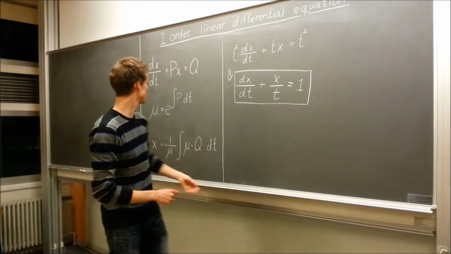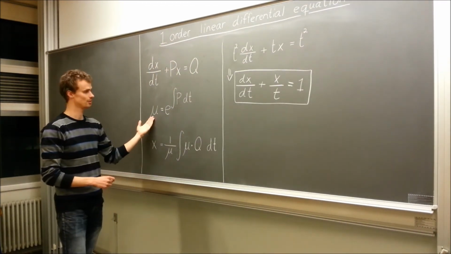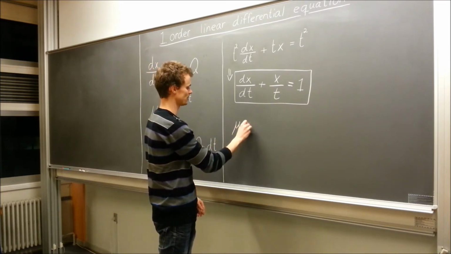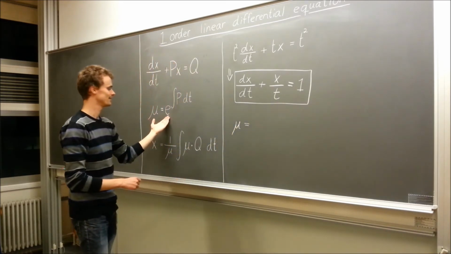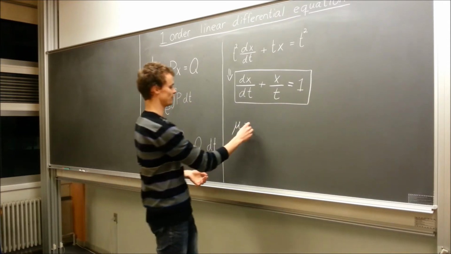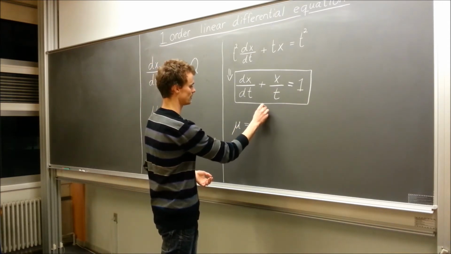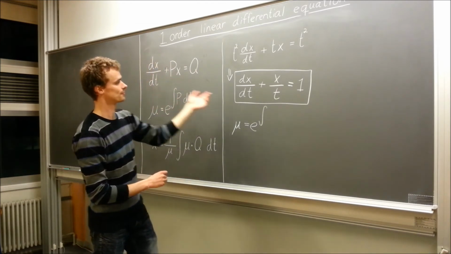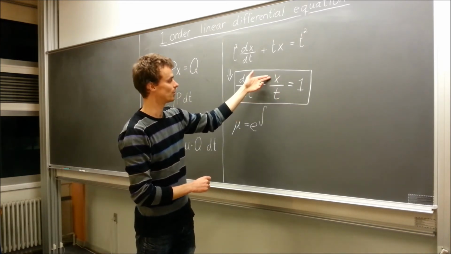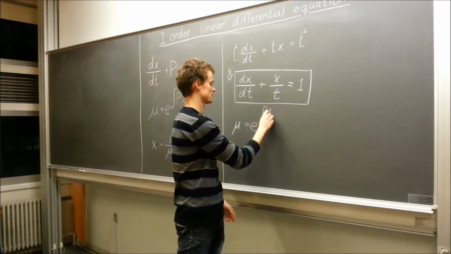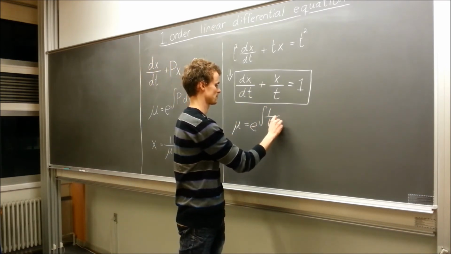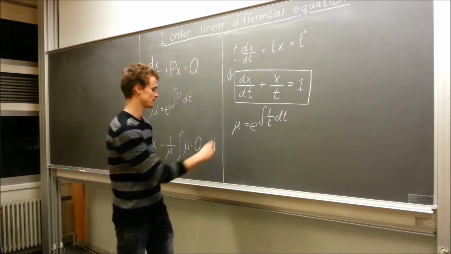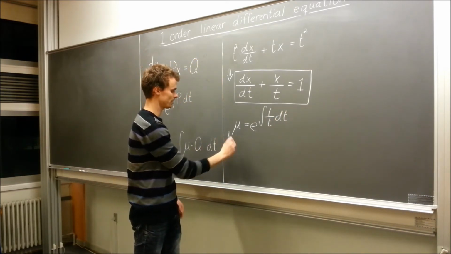Alright, so we start to find mu. Mu is equal to e raised to the power of the integral of p. P is, in this example, 1 over t. Okay, so now we can find mu. So we calculate.